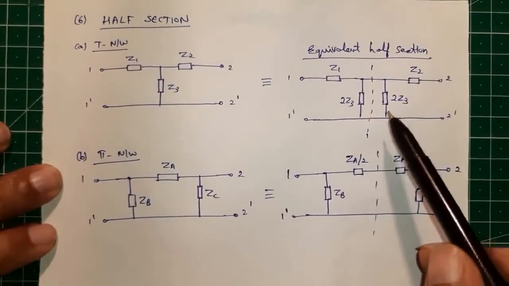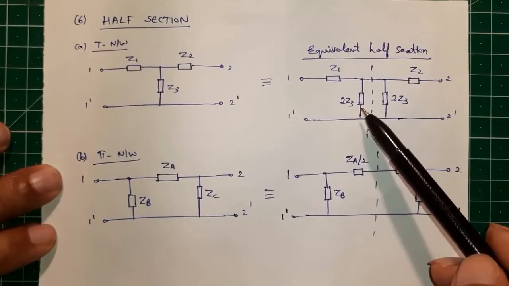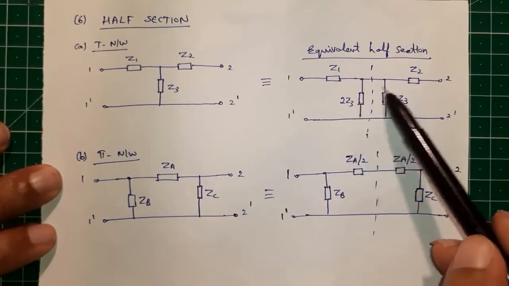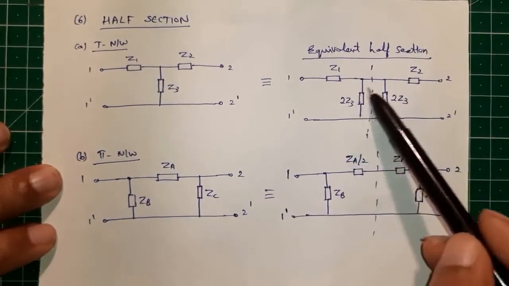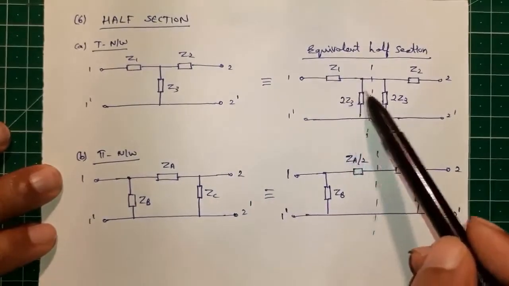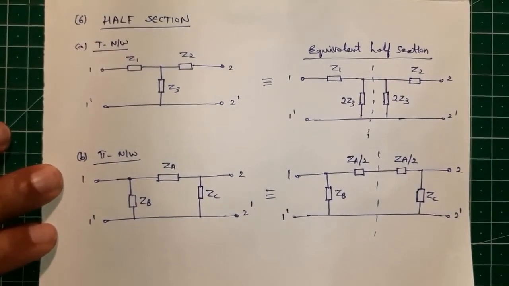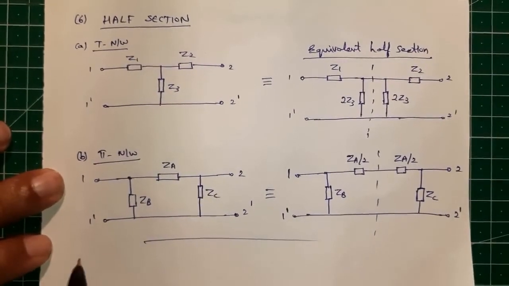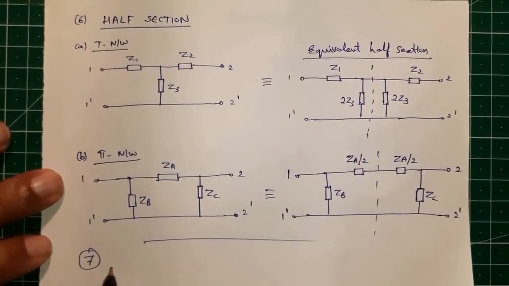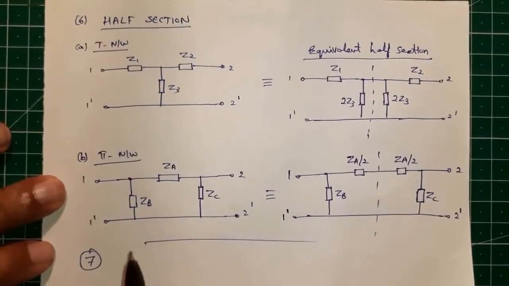Whereas for T network, we split the shunt arm. So the net impedance Z3 is actually the parallel combination of 2 Z3. Another possible combination is a combination of all these networks that we have already discussed.